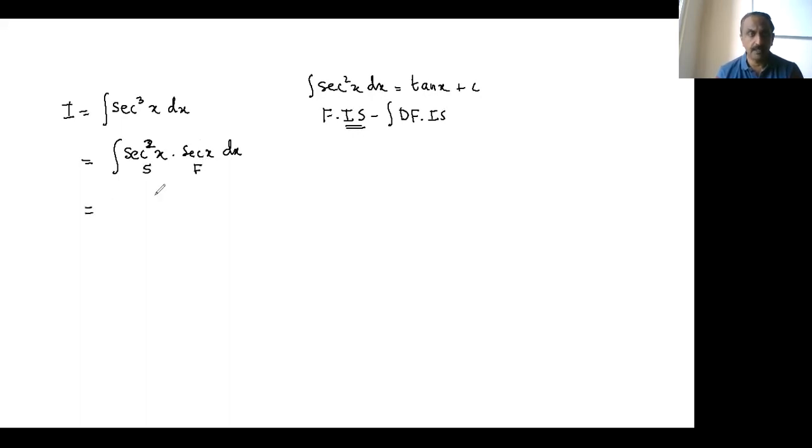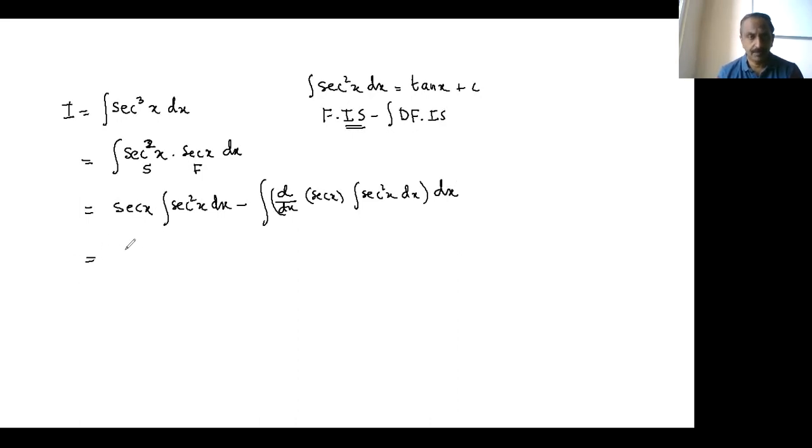When you apply the formula, first into integral of second minus integral of derivative of first into integral of second, whole into dx.